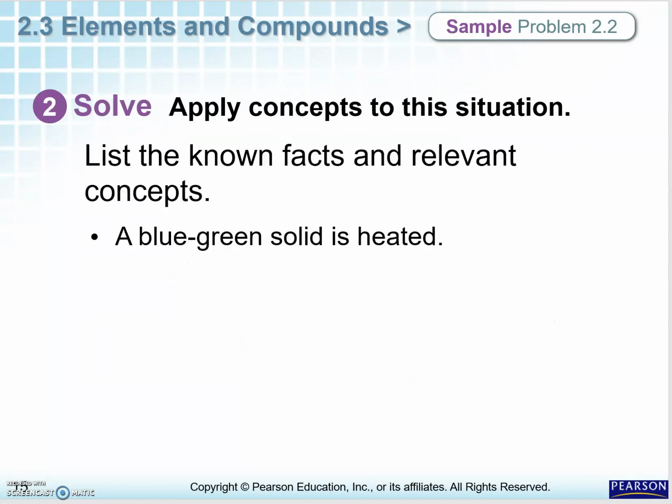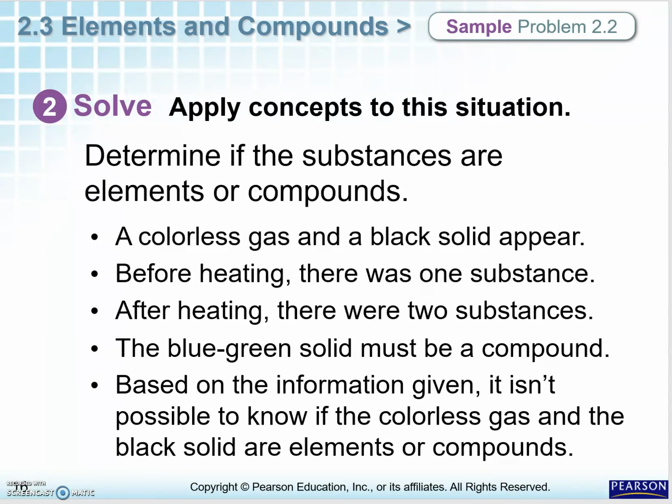Now, if we apply this idea to the situation, we have the blue-green solid is heated. And remember, heating can cause a chemical change. So the colorless gas and the black solid appear, okay? And before heating, there is only one substance. So that means that the blue-green solid must be a compound, since we were able to break it down into two other substances.